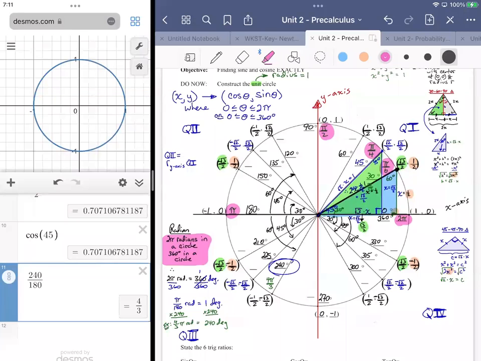Knowing this information allows me to build out the rest of the way, because 60 is double 30. So double the pi over 6. 2 pi over 6 simplifies down to pi over 3.